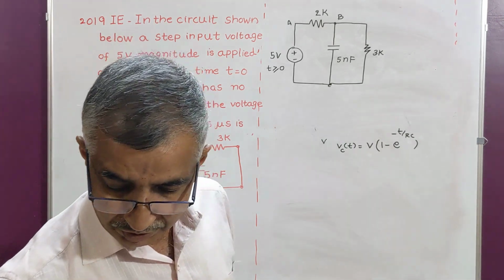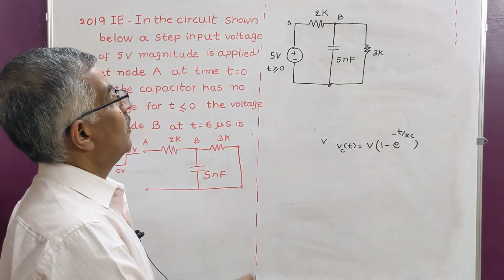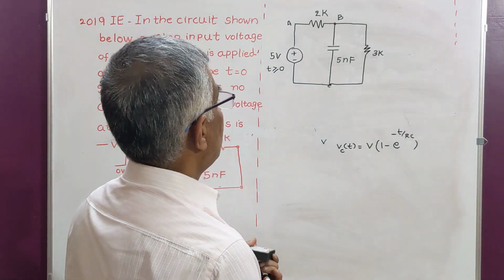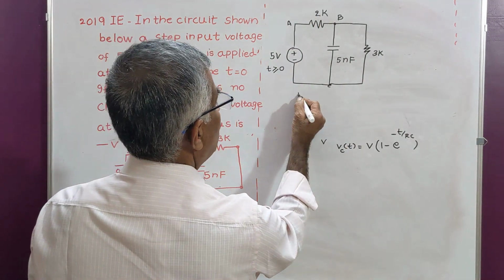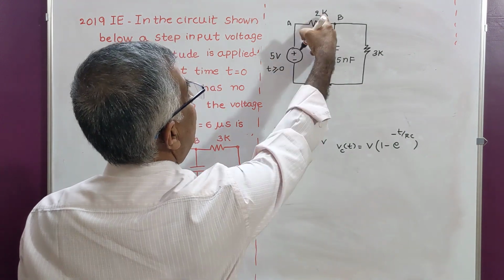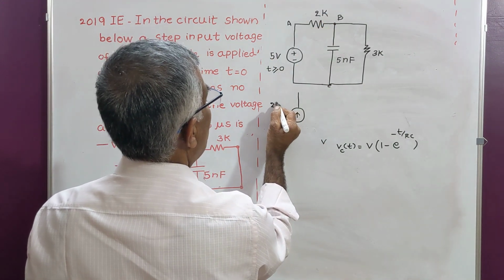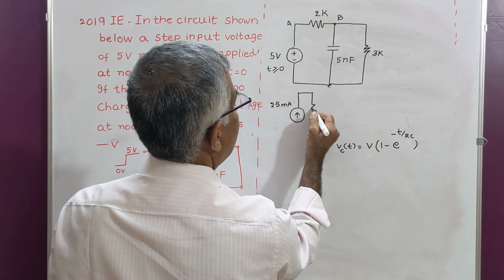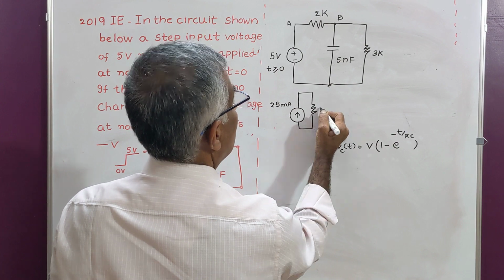We have studied what is known as source transformation. A 5 volt source in series with 2 kilo ohms is converted to a current source of 5 divided by 2, that is 2.5 milliamps, in parallel with 2 kilo ohms.